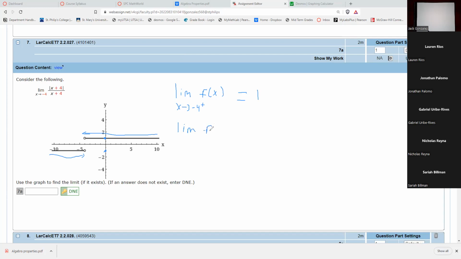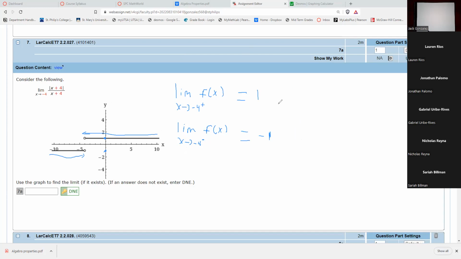The limit from the left side as x approaches -4, you would put a minus for left side. You see how that's equal to -1. When these are the same, you say the limit exists, and you would put the answer here.